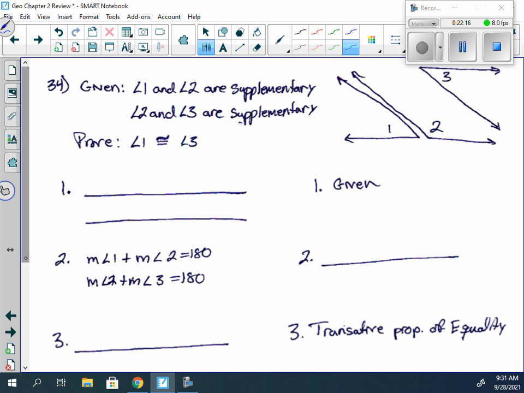Angle 2 and 3 are supplementary. Prove that angle 1 is congruent to angle 3. What are we starting with? Angle 1 and angle 2 are supplementary. We also have that angle 2 and angle 3 are supplementary.